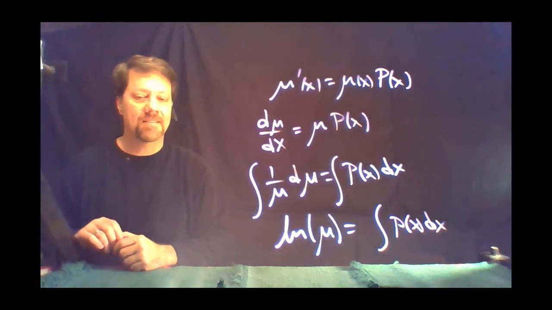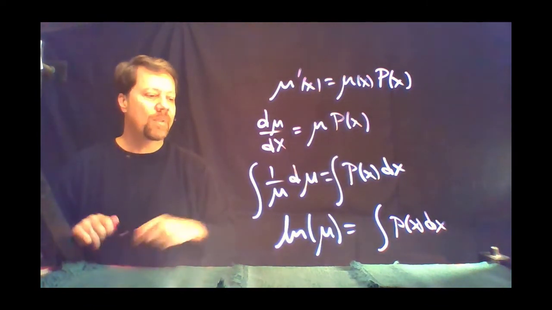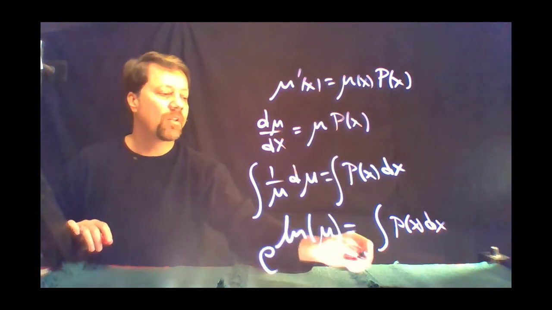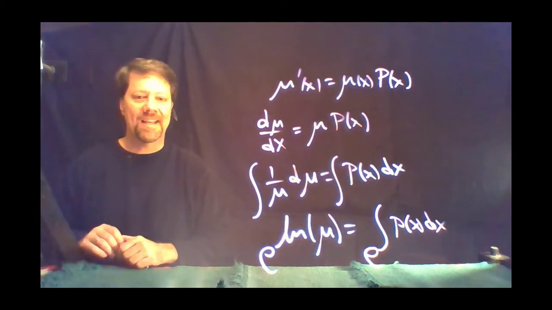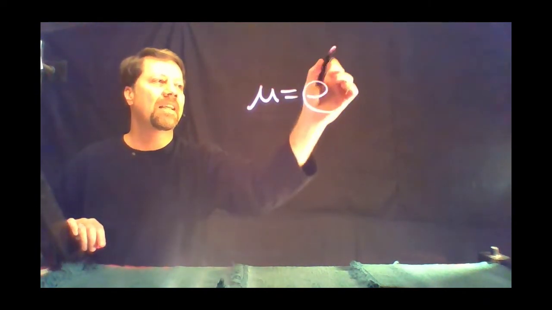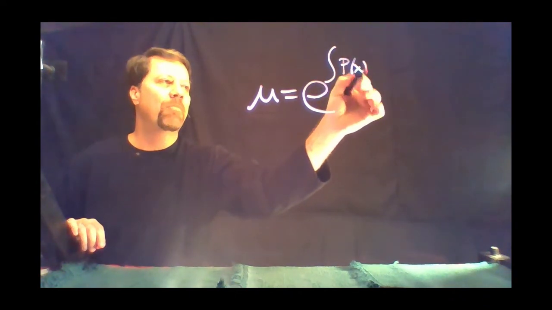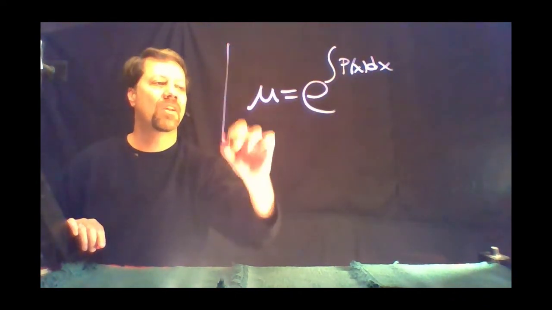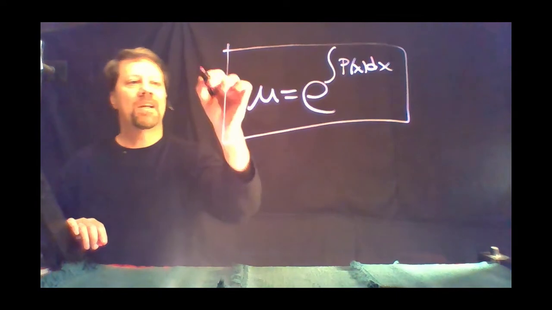However, we can exponentiate to figure out what mu has to be. It turns out that in all cases, the integrating factor mu is e to the integral of p of x dx. You're going to memorize this too.